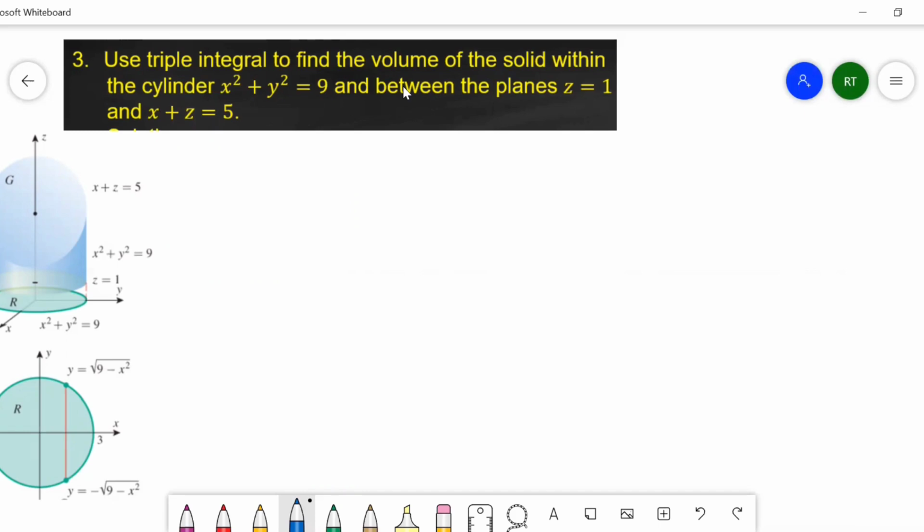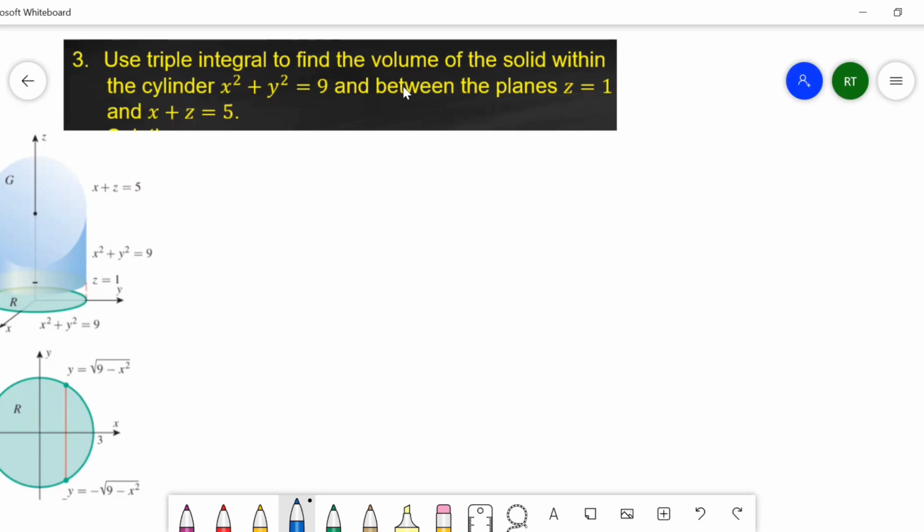If we have a cylinder x squared plus y squared is equal to 9, then it is a circular cylinder whose radius is equal to 3. Therefore, we can draw the trace on the xy plane, which is a circle whose radius is equal to 3 and whose center is at 0, 0.